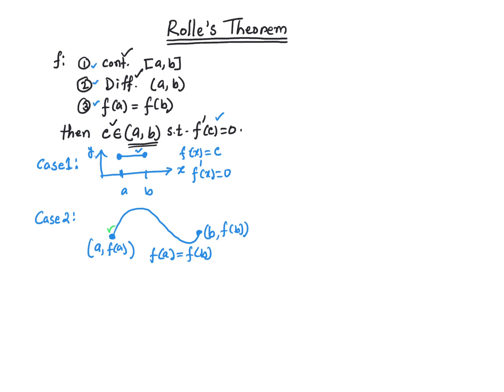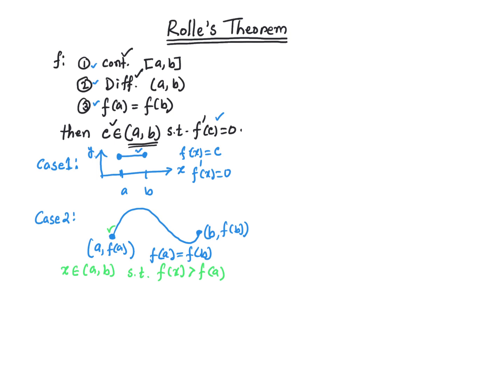However, let's assume that there is a point x in between a and b such that f of x is greater than f of a. And of course, we are going to consider the other scenario too. So let's consider the situation where f of x is greater than f of a.